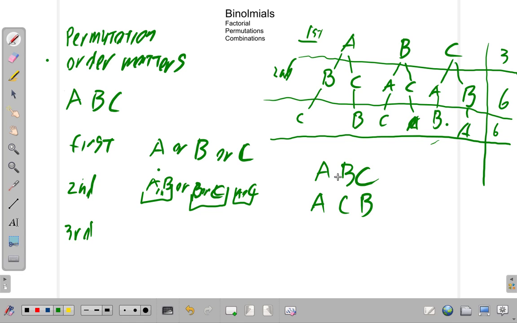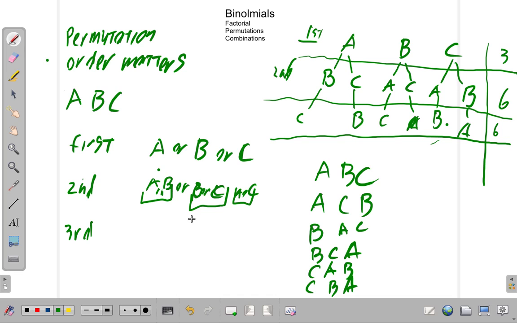Starting with A, you could start with B, then you have B, A, C, as in this case, or B, C, A, you see, or it could be C, A, B, or C, B, A. So you have 1, 2, 3, 4, 5, 6 ways that you could arrange these things.